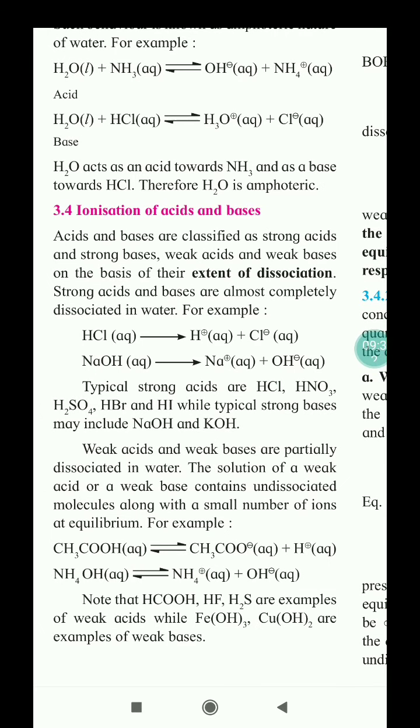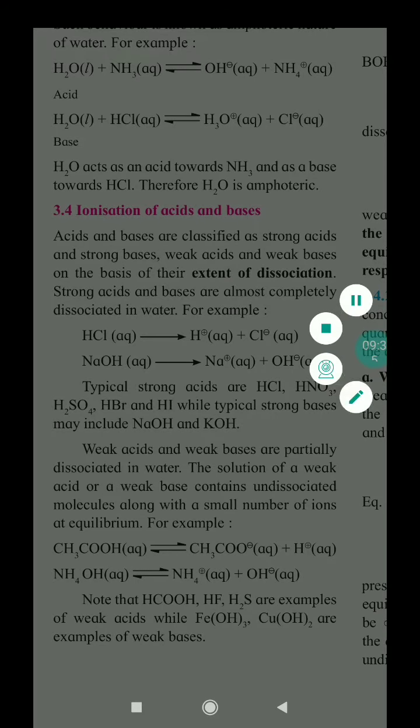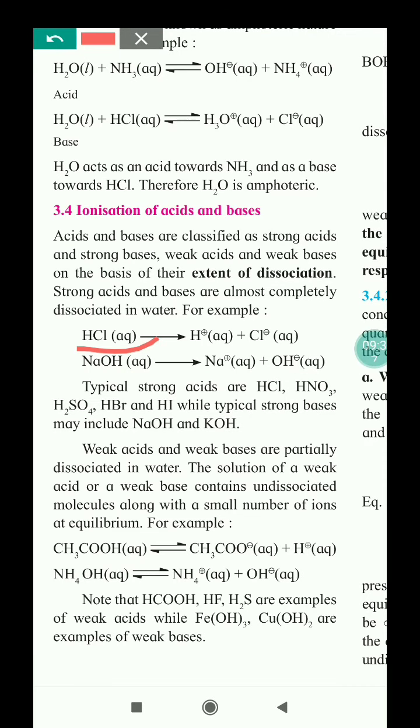For example, HCl, NaOH, KOH, HNO3, H2SO4, HBr, HI give maximum or 100% dissociation, almost completely dissociating to form the corresponding ions. HCl gives H positive plus Cl negative, NaOH in aqueous solution gives Na positive plus OH negative, and as this is a complete dissociation, they are represented by a single-headed arrow.